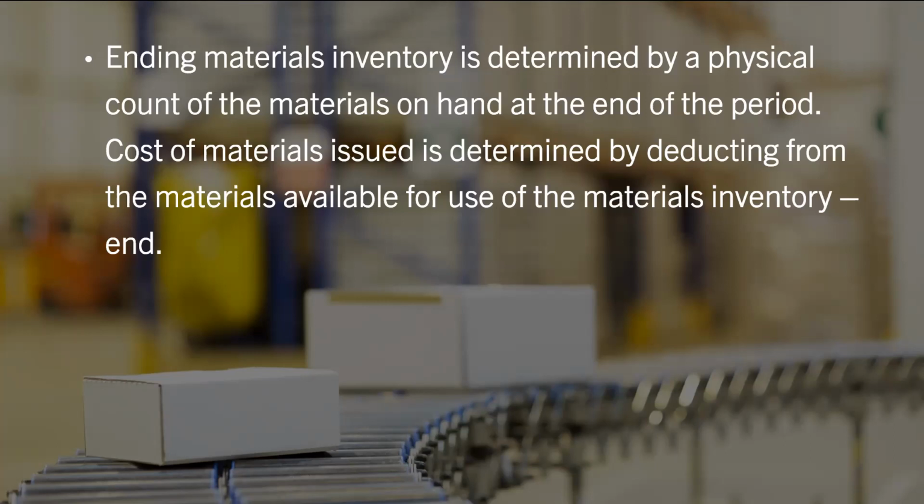Earlier, we combined the beginning inventory and the purchases to know how much the materials available for use are. After you conduct the physical count, we subtract the ending inventory you counted from the materials available for use, and whatever remains is deemed to be the cost of materials being issued from the material storage going to the production.